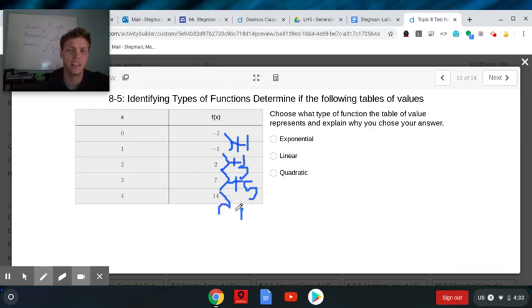Now, what makes this a quadratic is the second difference. So once we've written these out as +1, +3, +5, +7, now if I look from +1 to +3, that's +2.